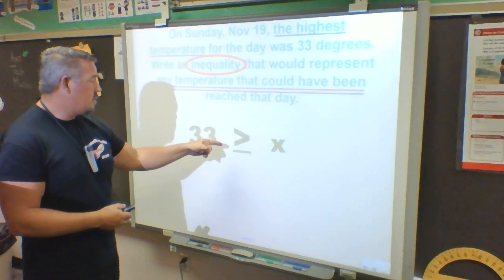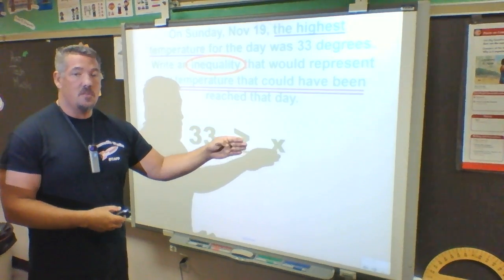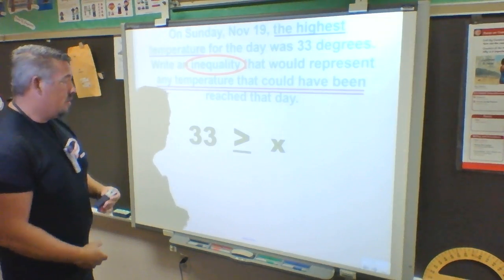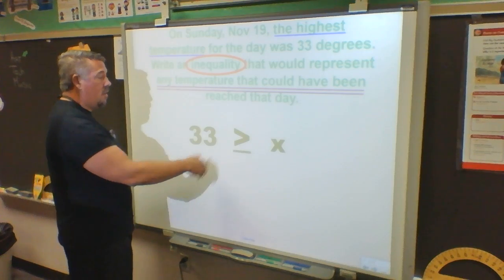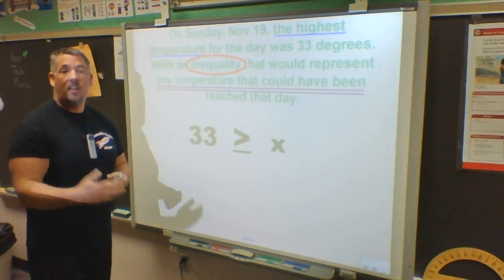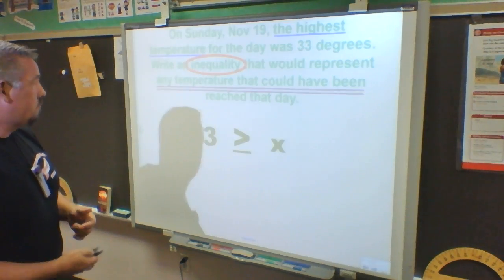So I know that 33 degrees is greater than any other temperature, or it's equal to any other temperature that day. So my inequality is 33 is greater than or equal to X, or any other temperature that happened that day.